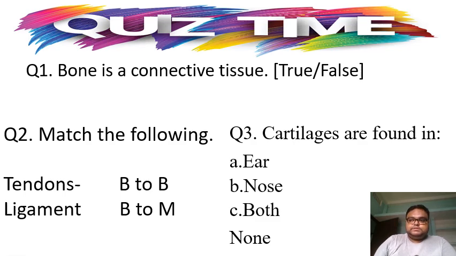No doubts? Okay. So now, if there is no doubt, then we can go ahead with some questions. Okay, students? Right. So the first question is: bone is a connective tissue. Is this statement true or false?